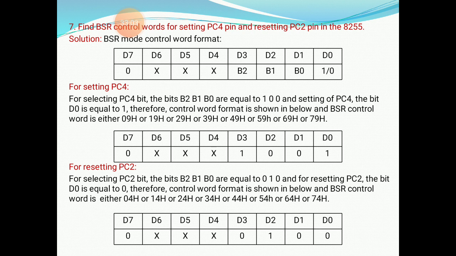So based on don't care combinations, we get 8 control words. Those are 04H, 14H, 24H, 34H, or 44H, 54H, 64H, or 74H. Use any one of the control words to reset the PC2 bit. Thank you.